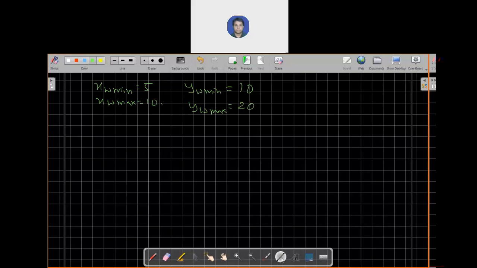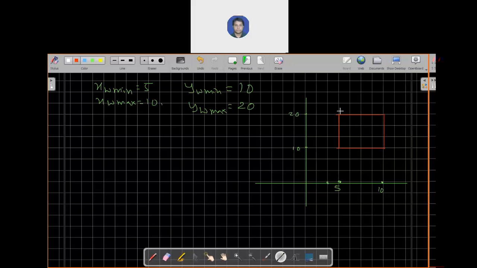If you draw the clip window, you will see it like this. Your xw min is 5 and here it is 10. In the same way your y min is 10 and y max is 20. This is your clip window.